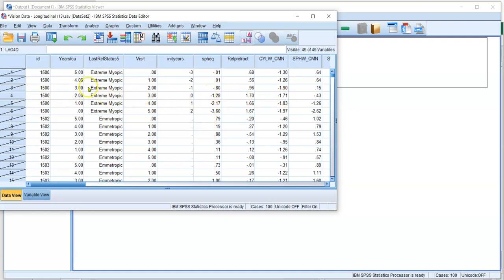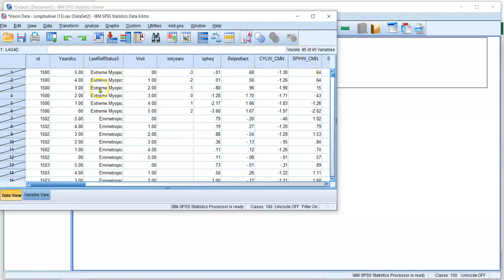This first person happened to be an extreme myope. But no emmetrope didn't get picked. Notice emmetropes don't have any data in init years. So that's your first task.